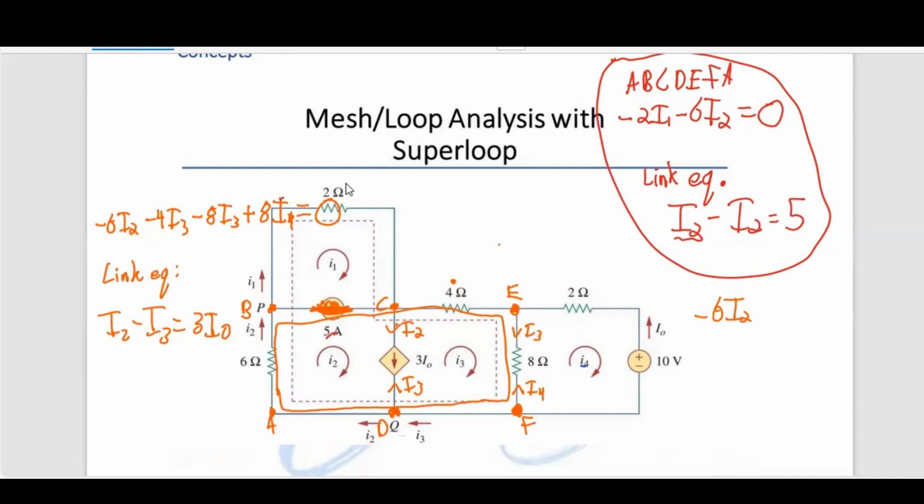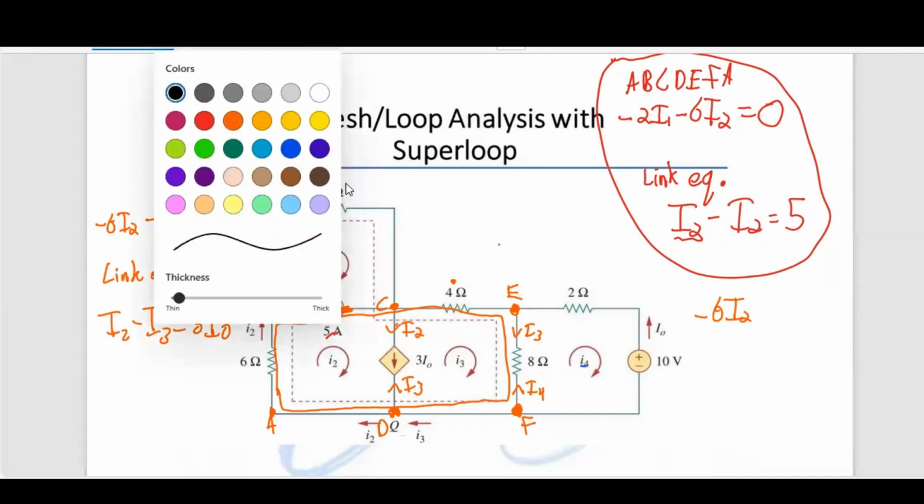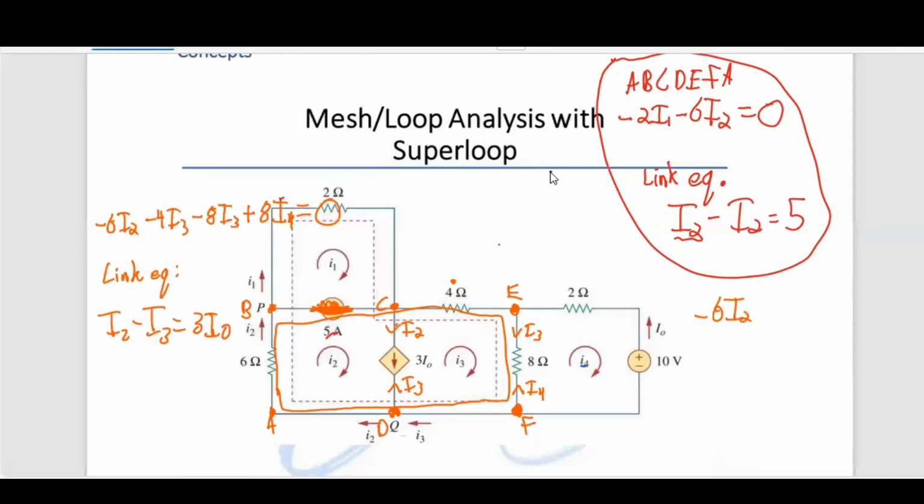Now I have to write the dependent source equation. Because IO is a dependent source, remember that. If I look at where IO is, IO here is in the I4 loop. I4 is going clockwise, so I4 is going down here.